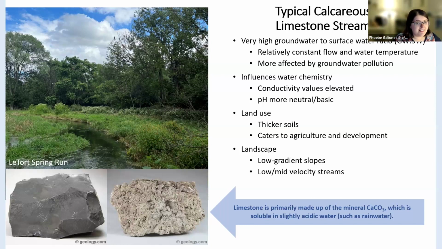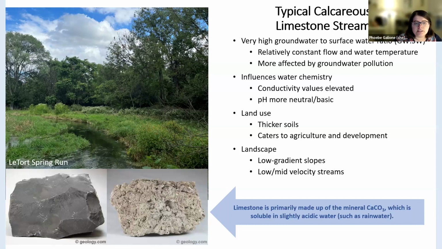Another fun thing about limestone that you may or may not know is that it is pH buffering. So you'll tend to see more neutral or basic pHs, so 7 and higher, because of its ability to buffer some of the acids that may otherwise be entering a waterway, in comparison to a shale waterway where you may be seeing potentially more acidic waters because it's lacking that buffering.